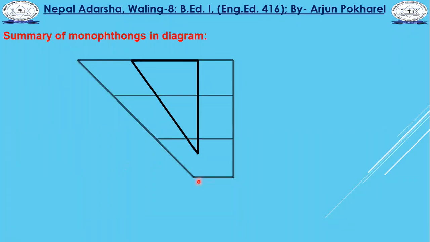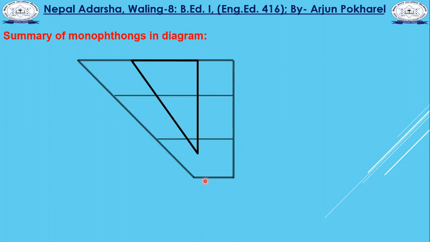This part is a bit shorter, and this part is almost three times longer. The length of this side, from here to here, and here to here again, should remain almost the same.